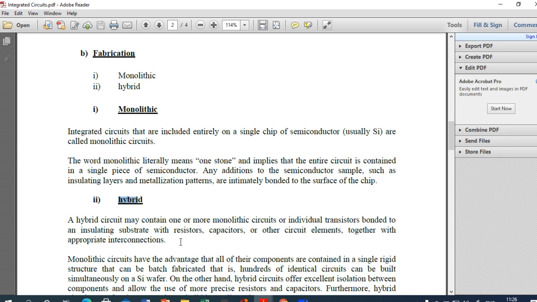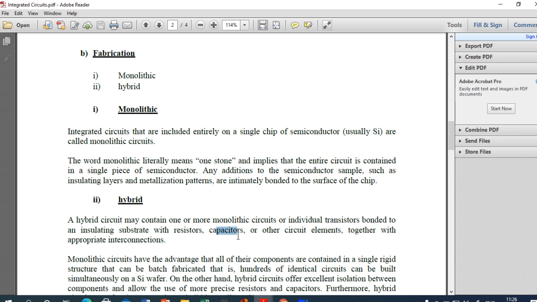Here in a hybrid circuit, we use not only the active elements but also the passive elements, which we call resistors, capacitors, inductors. These passive elements are interconnected with the monolithic circuits to form a hybrid circuit.